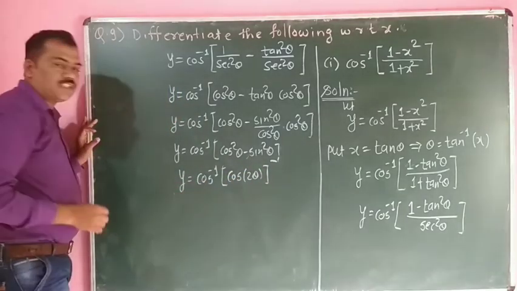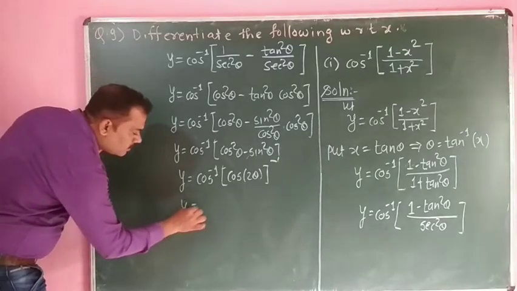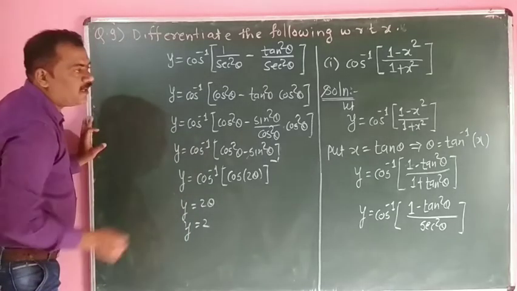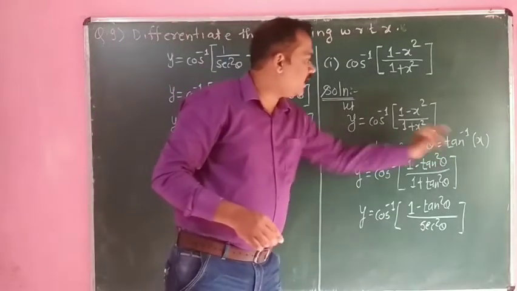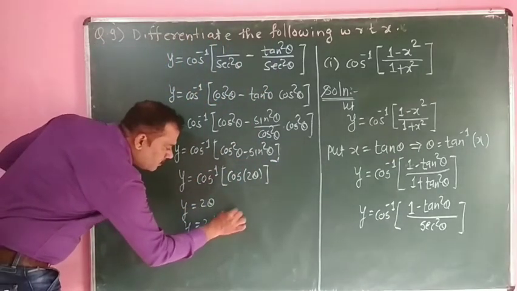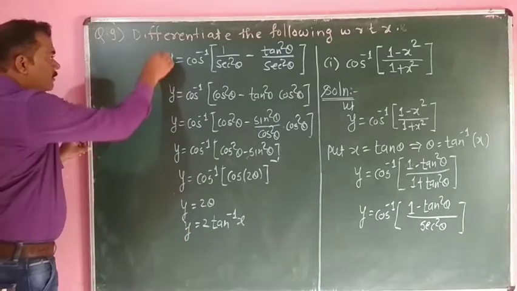Cos inverse of cos x. By using that formula, we get y is equal to 2 theta. That is y is equal to 2 into, what is the value of theta? The value of theta is nothing but tan inverse of x. Now we have to differentiate this with respect to x.